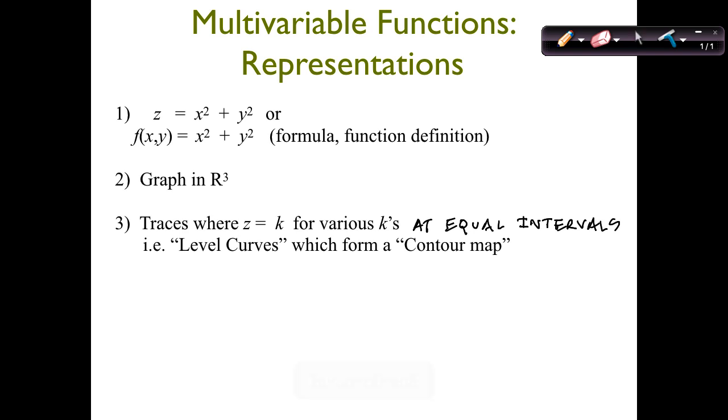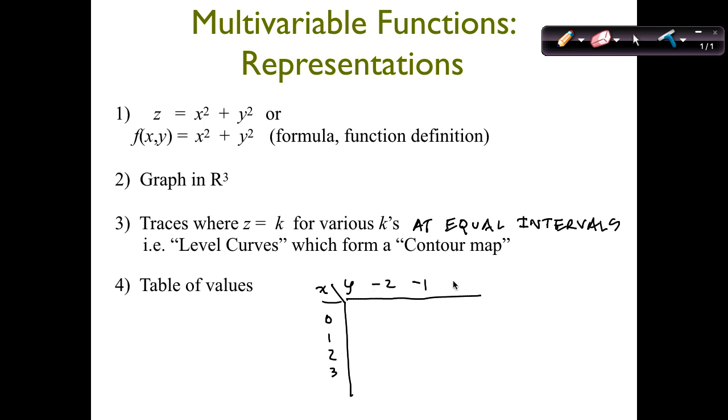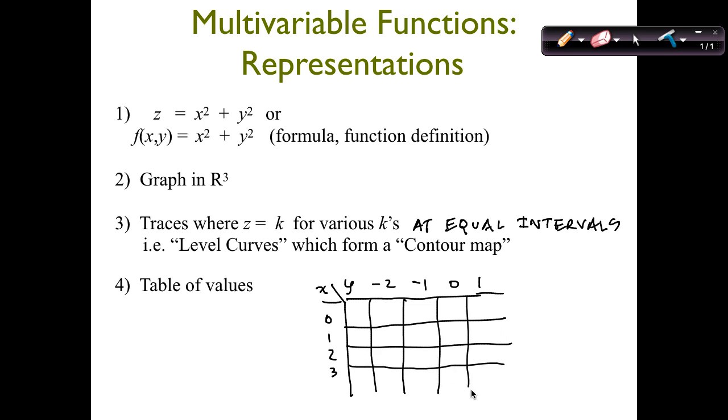Okay, and then the last one, which is pretty easy, table of values. Pretty kind of boring, but it's still valid. Boring, but we do see them in application, so we've got to be on the lookout.